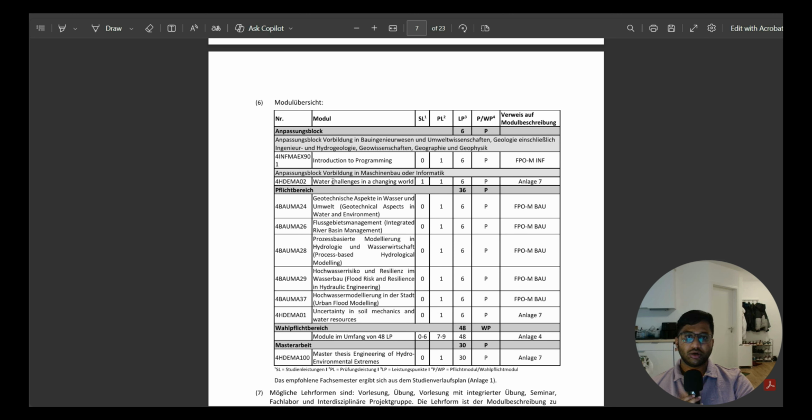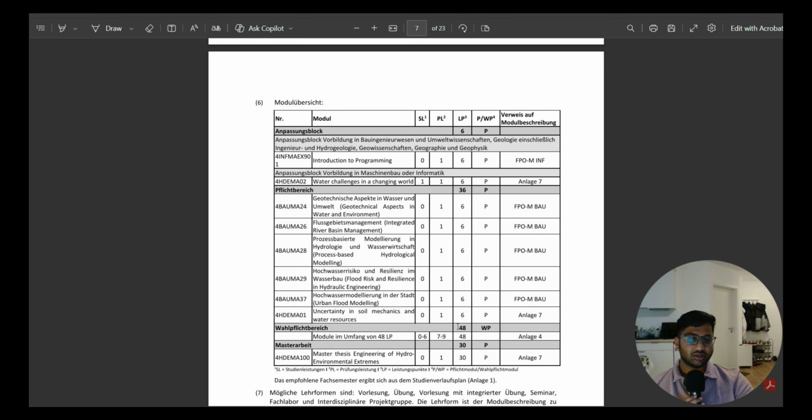At first you will do Introduction to Programming for 6 credit points, then there are 6 compulsory modules that you have to do, even if you don't like them, because they are compulsory. Then you need to choose from your electives about 6 to 7 or 7 to 9, however many you like, depending upon finishing your credit points, which will be 48 credit points that you need to finish.